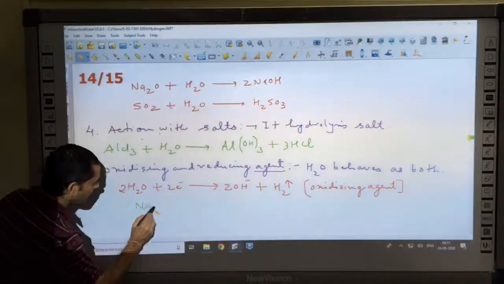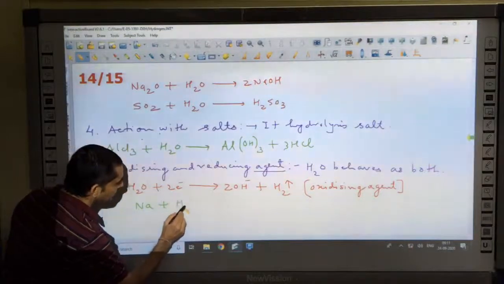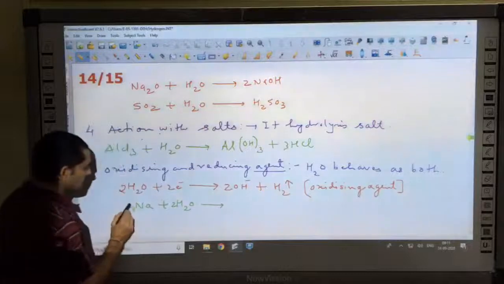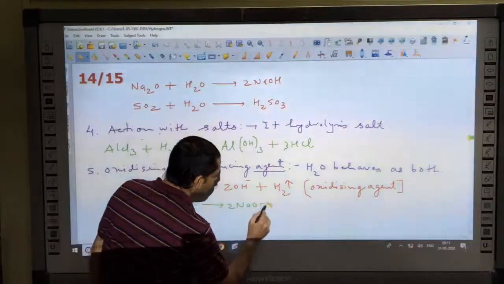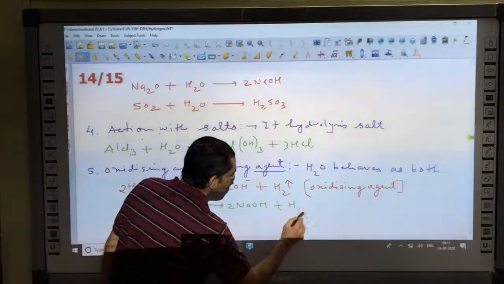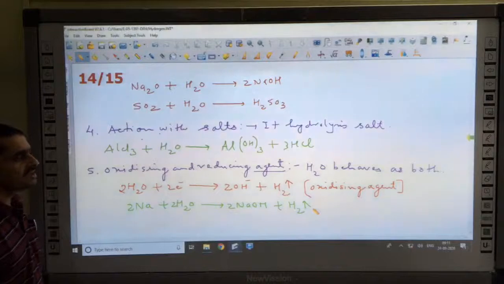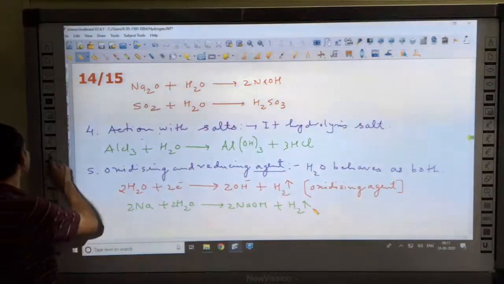Suppose sodium metal reacts with water. It forms, you see, 2NaOH plus what will be evolved? Hydrogen is evolved. So this reaction shows that it is behaving as oxidizing agent. Now reducing agent, how will it behave as a reducing agent?